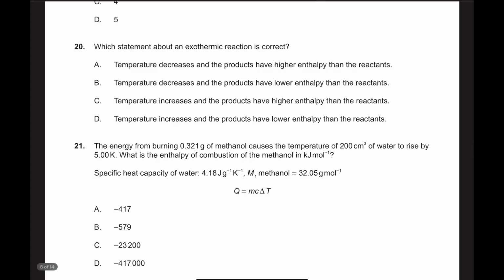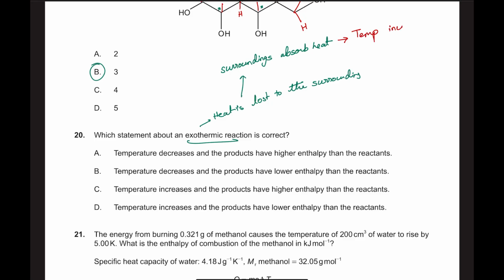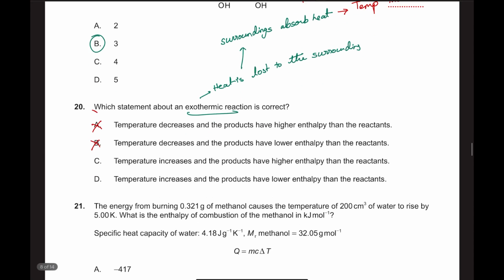Which statement about an exothermic reaction is correct? So for an exothermic reaction, heat is lost to the surroundings. So surroundings absorb heat. If surroundings absorb heat, the temperature of the surroundings or the container increases. We can already eliminate A and B. Now, heat is lost to surroundings.